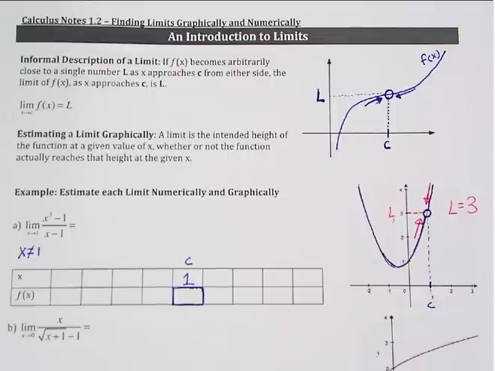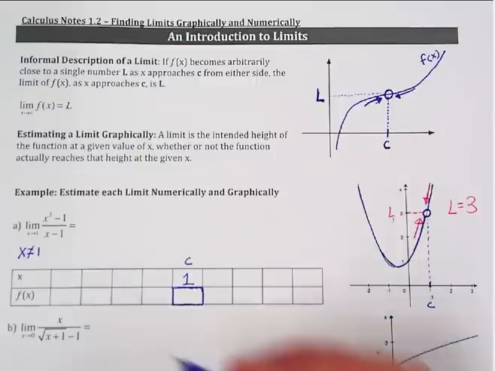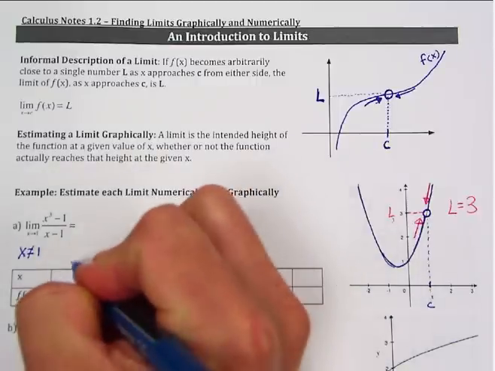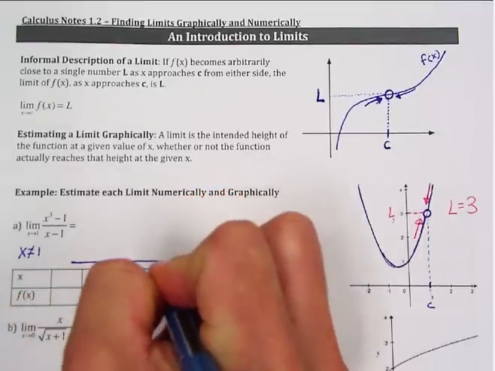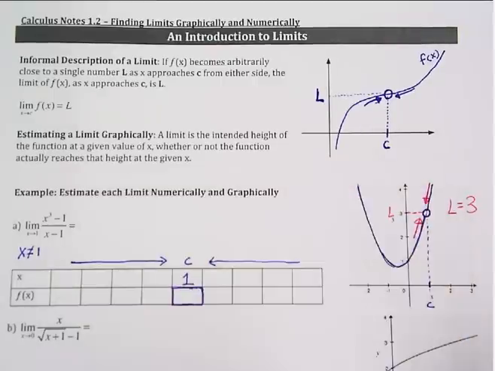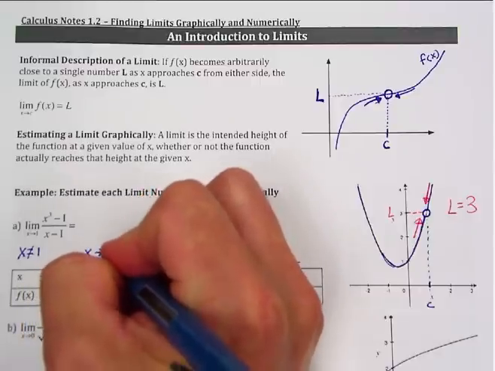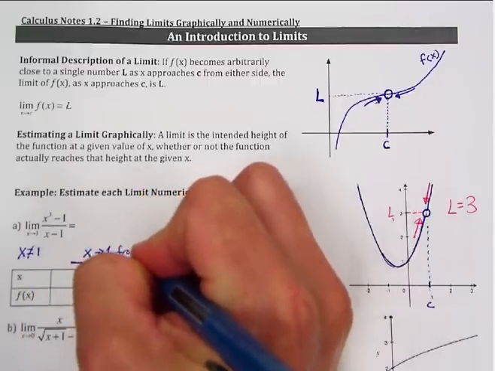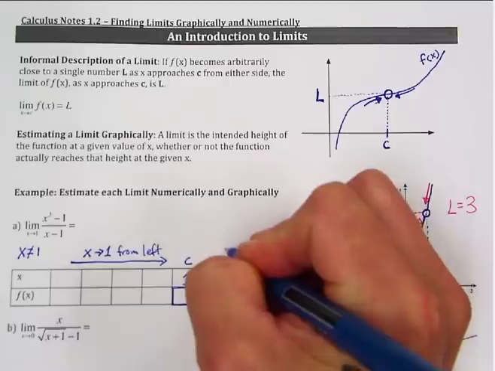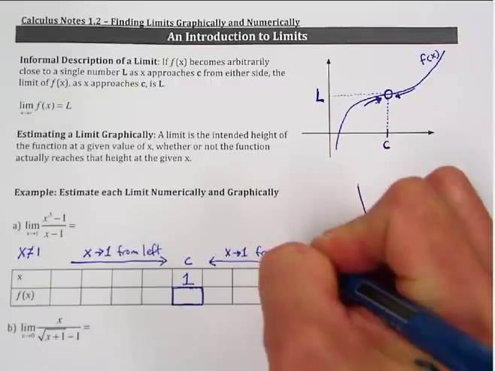What we're going to do is make our x values arbitrarily close to c. Now it's kind of funny, because we're going to want to start over here and work our way in, and start over here and work our way in. So this is going to be x approaching 1 from the left, and this is going to be x approaching 1 from the right.